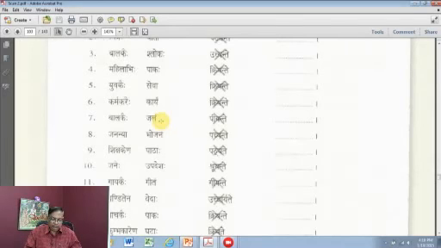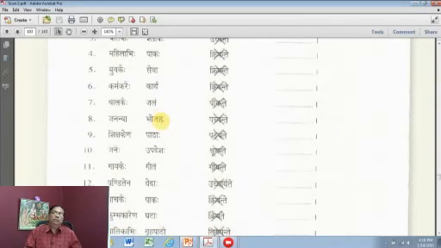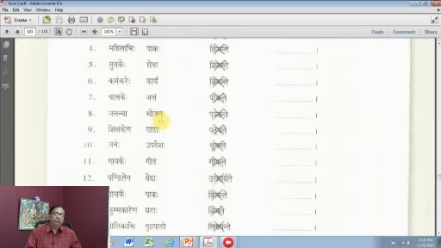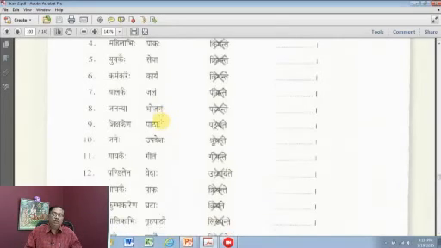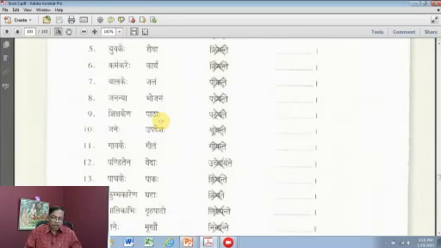7. Balakaihi jalam piyate, water is drunk by the boys. 8. Jananya bhojanam pachyate, food is cooked by mother.